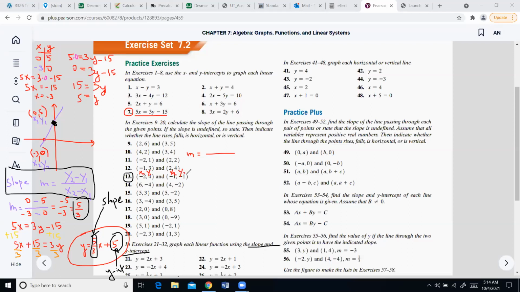So there are 2 points here. And then I'm going to subtract the y coordinates and x coordinates. So I'm going to be subtracting y coordinates. They are -1 and 4. And then subtract x coordinates. They are -1 and -2. And this is the slope.